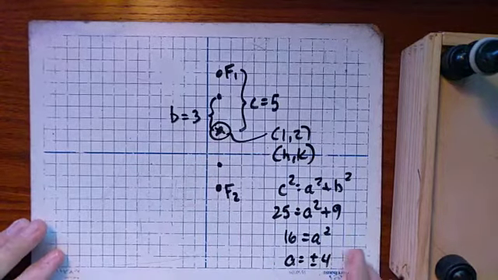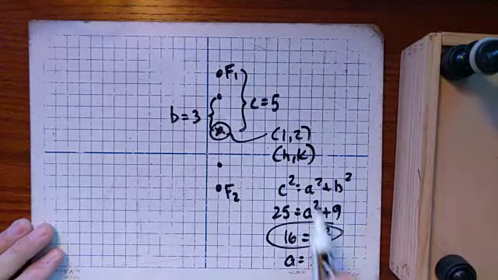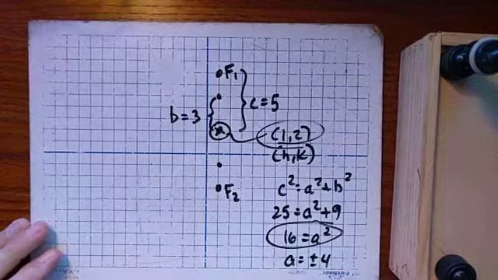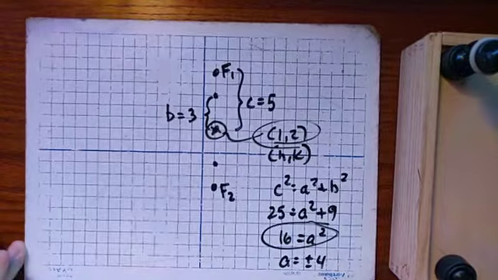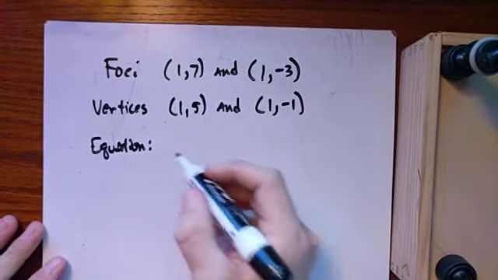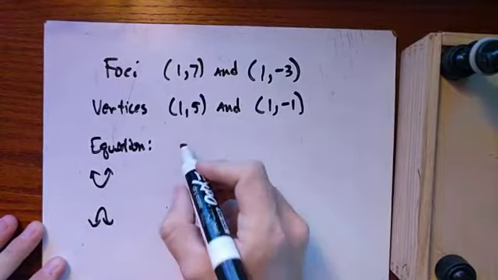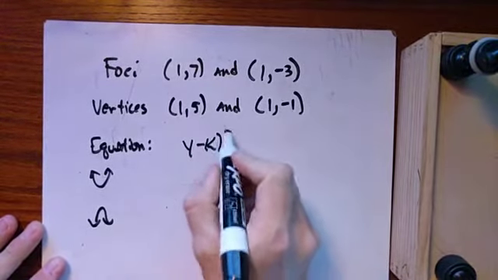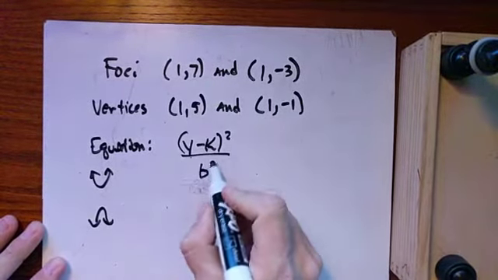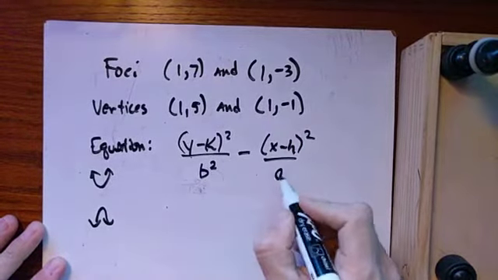But all we need is this, right? We need the A squared and we need the h and k to write the equation down. So we're going to remember from earlier in the video that since this hyperbola is going up and down, we're going to start with (y minus k) squared over b squared, and then subtract (x minus h) squared over a squared.